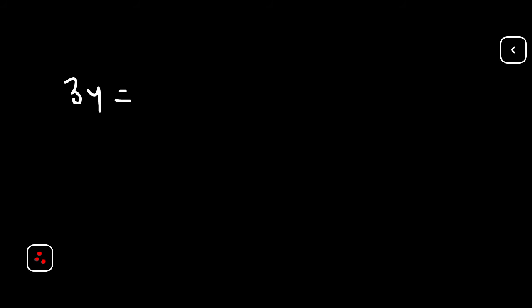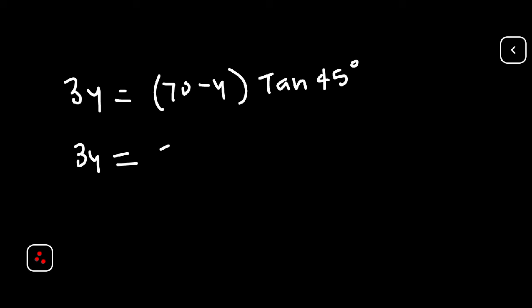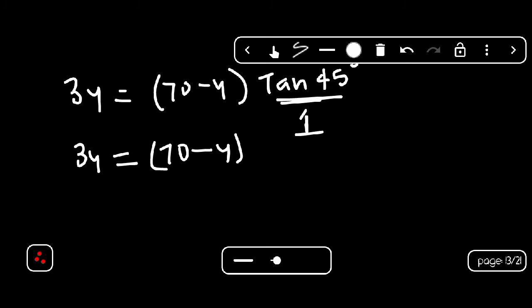So now it's equal to 70 minus y, bracket tan 45. Now tan 45 degrees is what? It is actually 1. So since tan 45 degrees is 1, we just have 3y is equal to 70 minus y times 1, which is the same thing as 70 minus y. So remember that this is 1. You understand? This is 1. Okay, so let me just remove that so that it doesn't cause much problem.